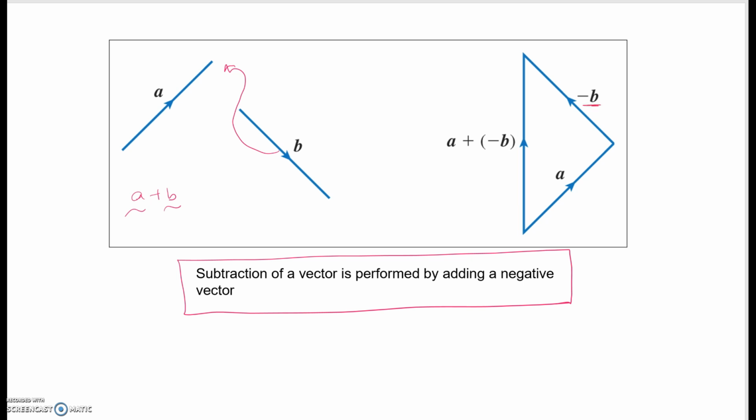Remember I talked about that in the previous video. We're going to put the opposite vector at the end of A. So this one goes that way, and this one goes that way, and then it's still addition. It's adding a negative, adding the opposite, and then we join it up with the resultant vector.